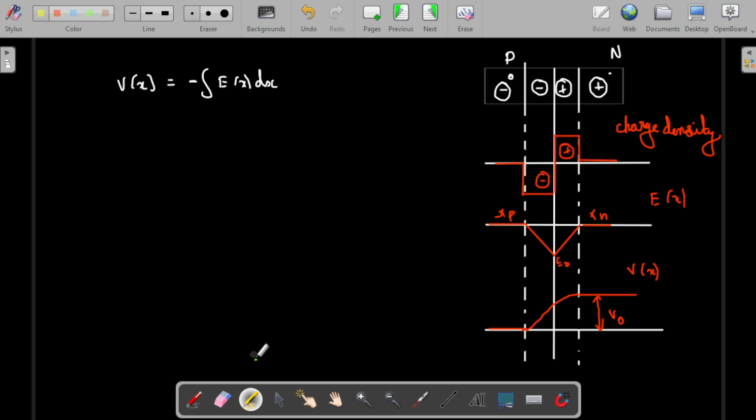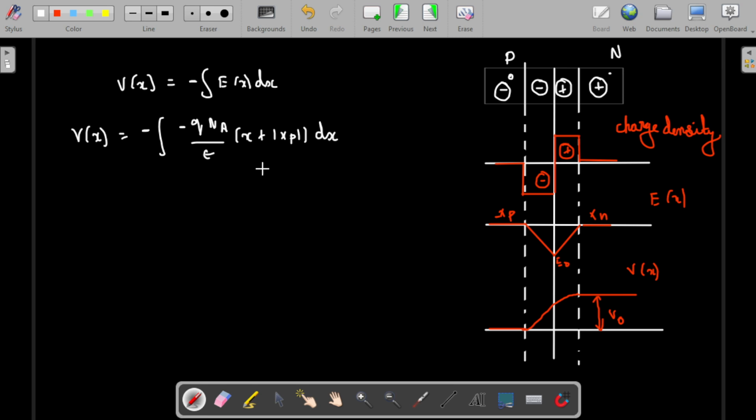So V of X is equal to the negative integration of the electric field. So V of X can be found from the electric field. Let's take the P region electric field, which is minus Q Na divided by epsilon times the modulus of x plus xp, dx.